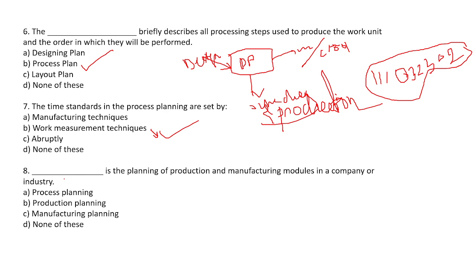Okay. The next question is: the planning of production and manufacturing modules in a company or industry. Production planning is the process of organizing or managing various manufacturing modules or processes within a company or industry.